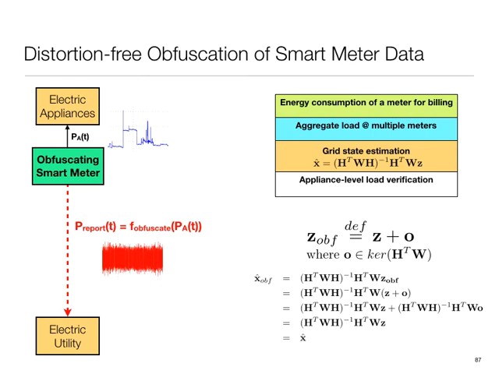If you are smart about it, in this particular case there were three objectives that have to be met. One is that I need to be able to get the energy consumption of a meter over, say, a month to get the billing. I should be able to get the aggregate load currently for the whole neighborhood for that collection of smart meters. And finally, I should be able to compute this equation, which corresponds to getting the grid state estimate so that the grid can be controlled properly.